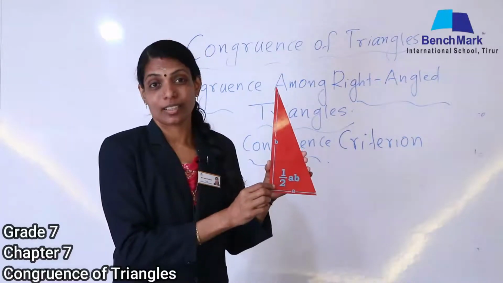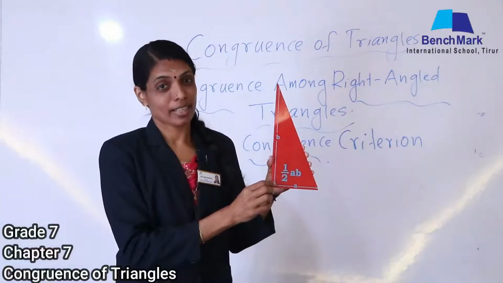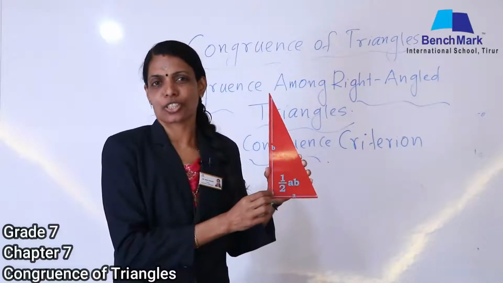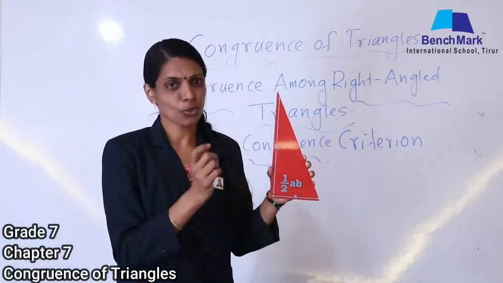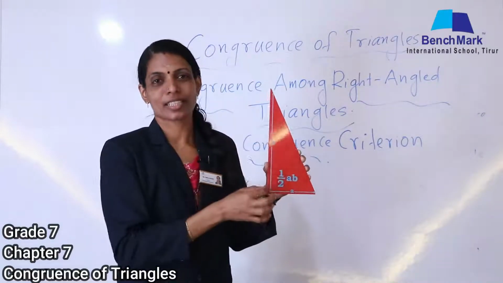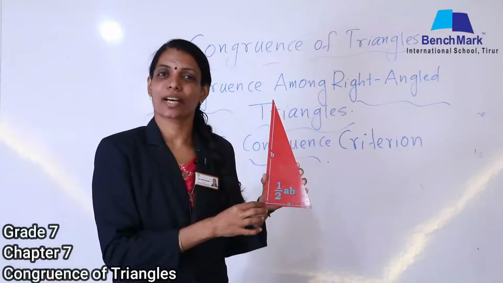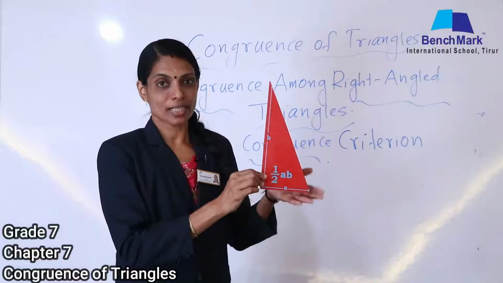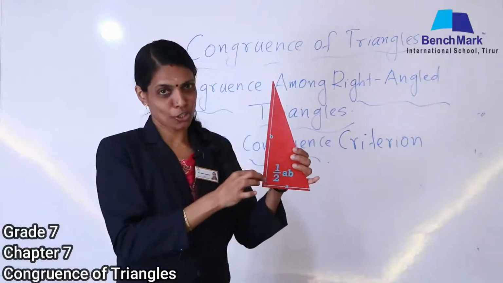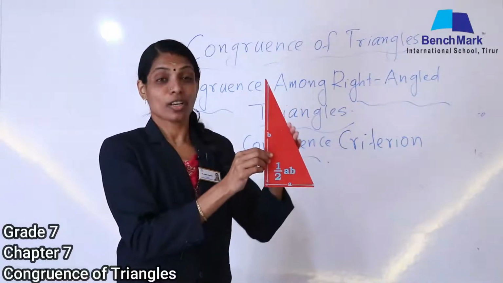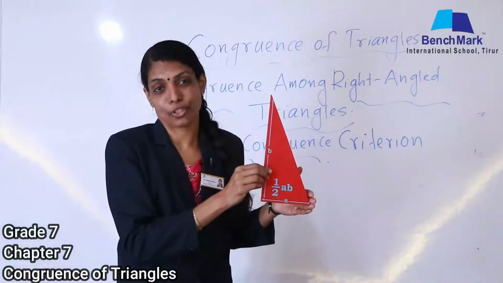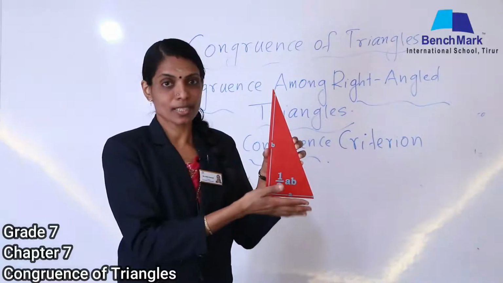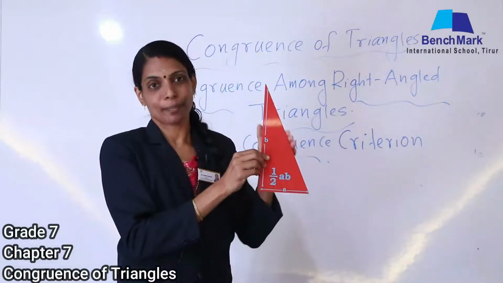And there are three sides for a right angled triangle as usual, and these sides have got specific names also. Do you remember the names of these sides for a right angled triangle? Yes, correct. This is the base, the altitude or the height, and the longest side is known as the hypotenuse. So three sides are there for a right angled triangle: base, altitude and the hypotenuse.